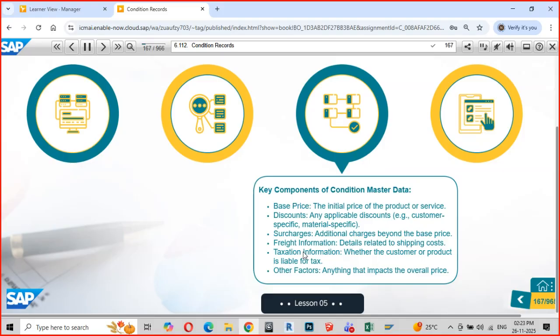From the discounts perspective, where did we see the discounts? Payment terms. We saw that 0002. Did you see the behavior of the invoice? Pay immediately. And when I assigned the payment terms to the master record of the customer or the vendor, the discount terms took over. 14 days, 3%. So we saw all those calculations.